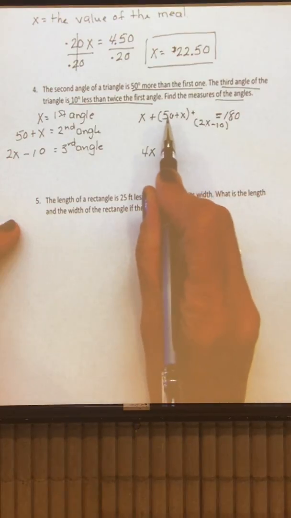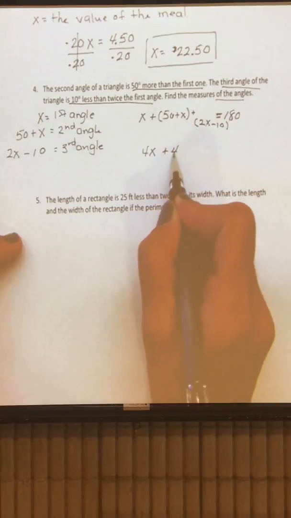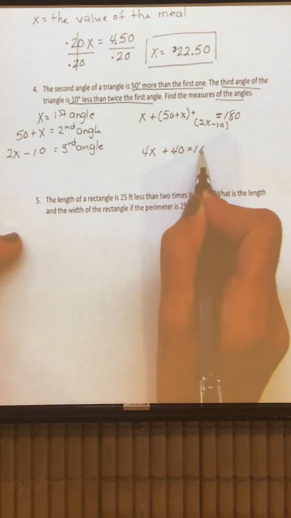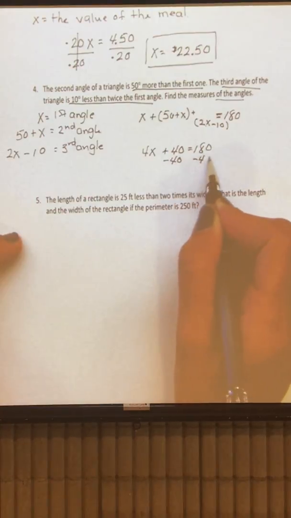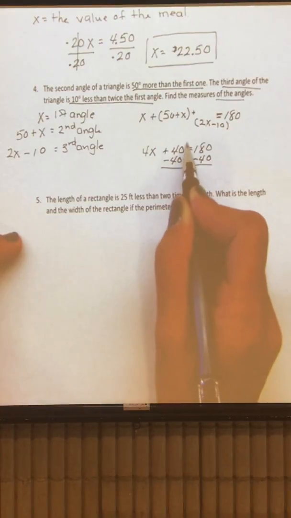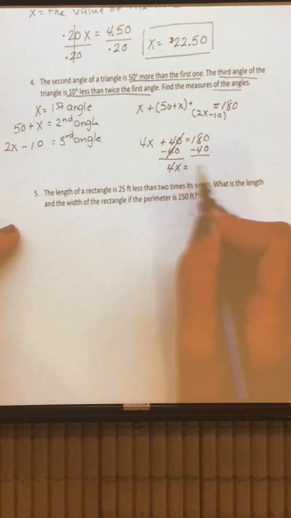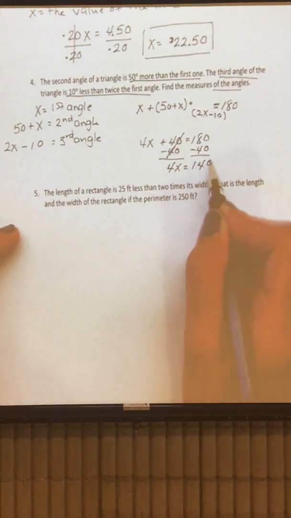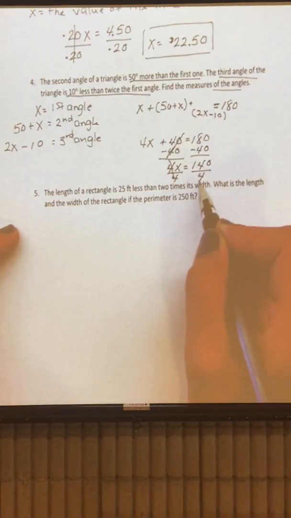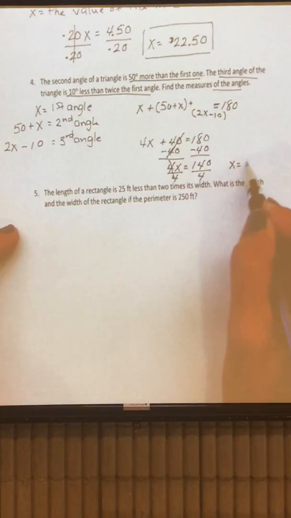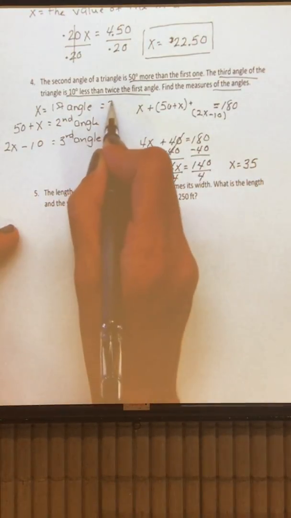We have 50 minus 10, which is 40, is equal to 180. Now we combine like terms again. We subtract 40 from both sides to cancel the 40. 4x is equal to 140. Divide by 4. 140 divided by 4 is equal to 35. And that is the measurement of the first angle.